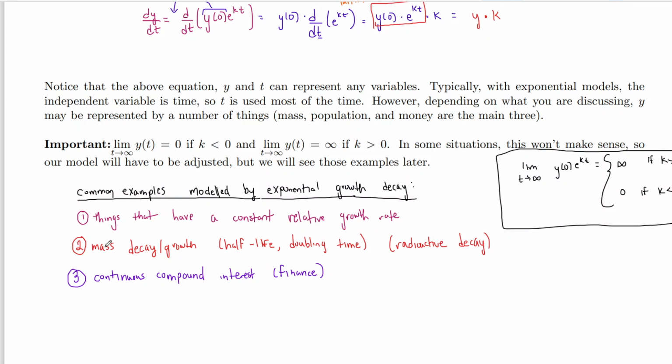Now, what are the obvious situations? What we're going to take as the obvious situations are things like mass decay or growth. Pretty much 99% of the time we're talking about mass, we're talking about decay because we're thinking about radioactive decay. Now, the way you can understand why this would follow exponential decay is that the more mass there is, the more that decays.